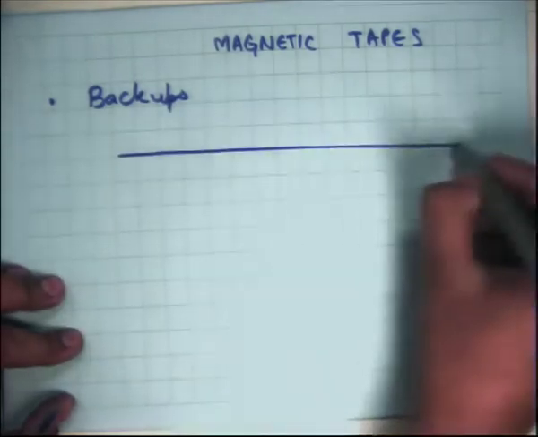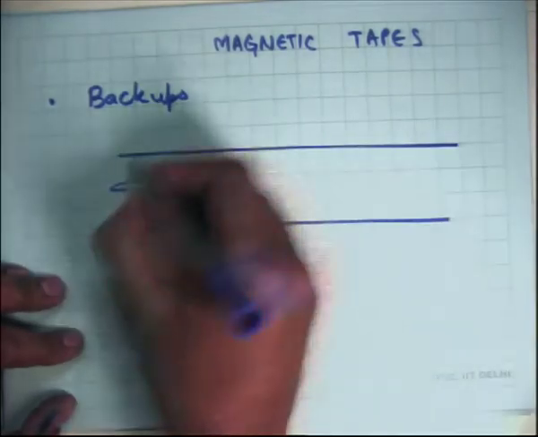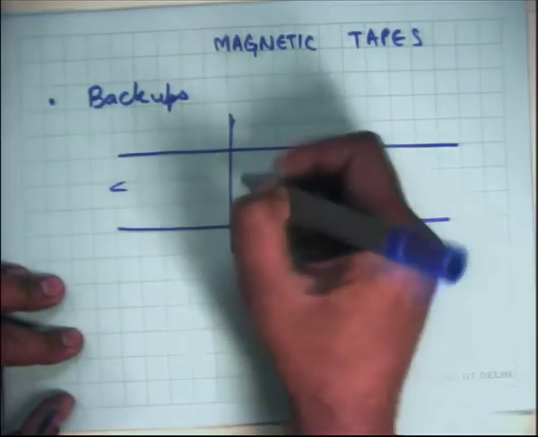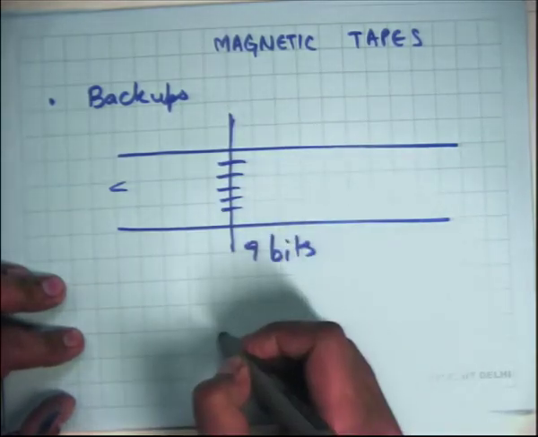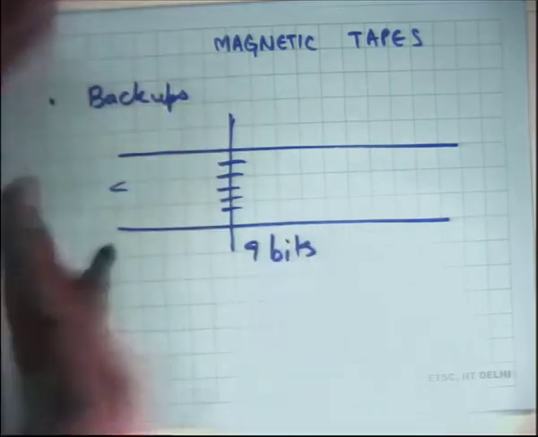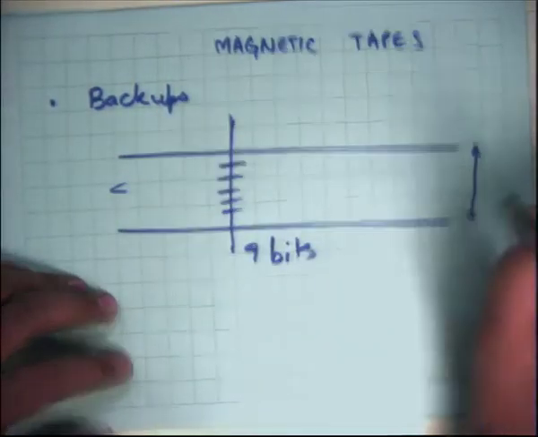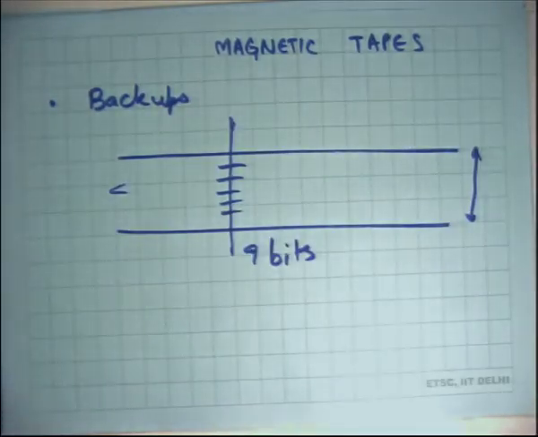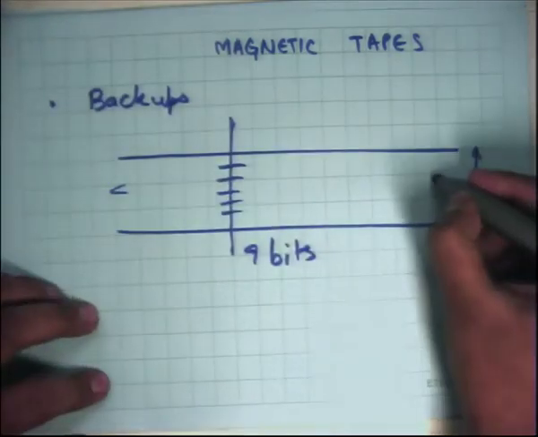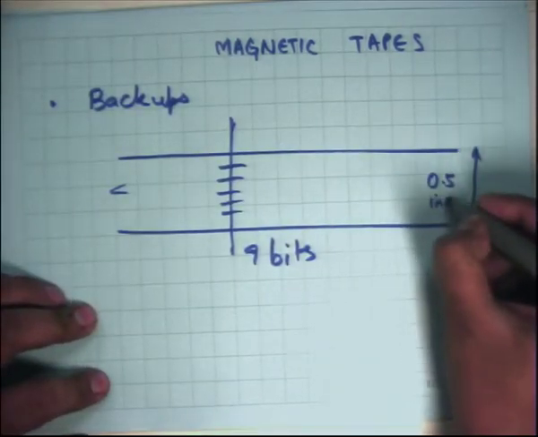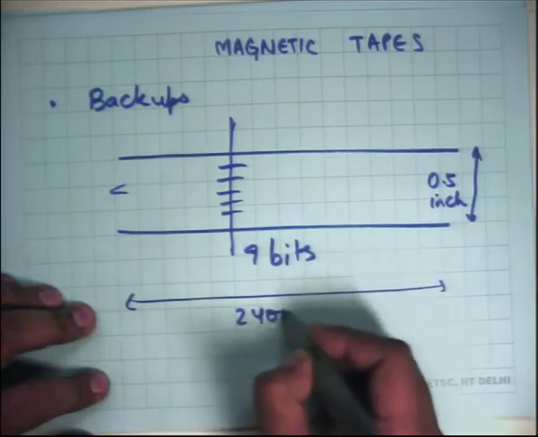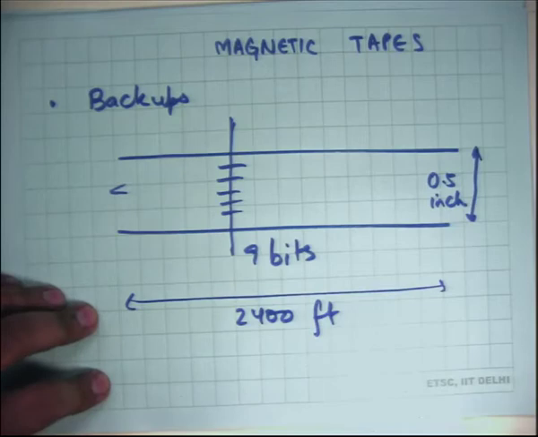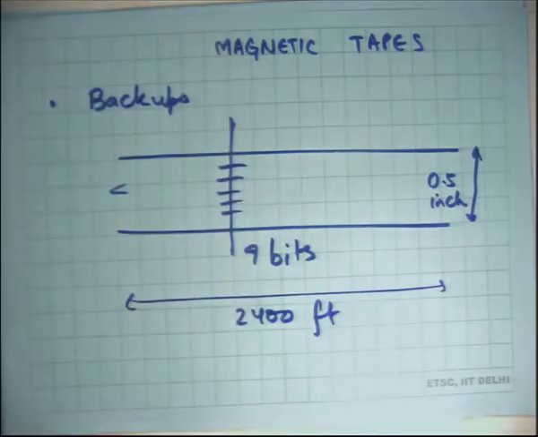So let's say this is a tape. It has 9 bits of storage in one cross section, and it is roughly half an inch wide, and the length can be very large, let's say 2400 feet.